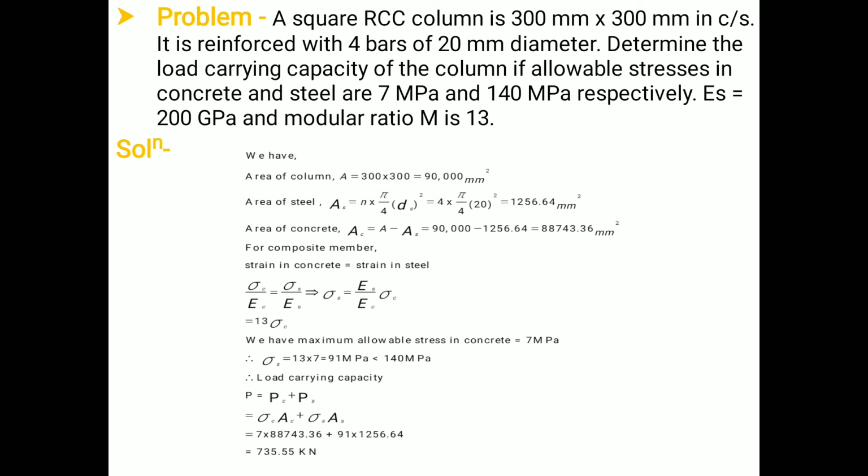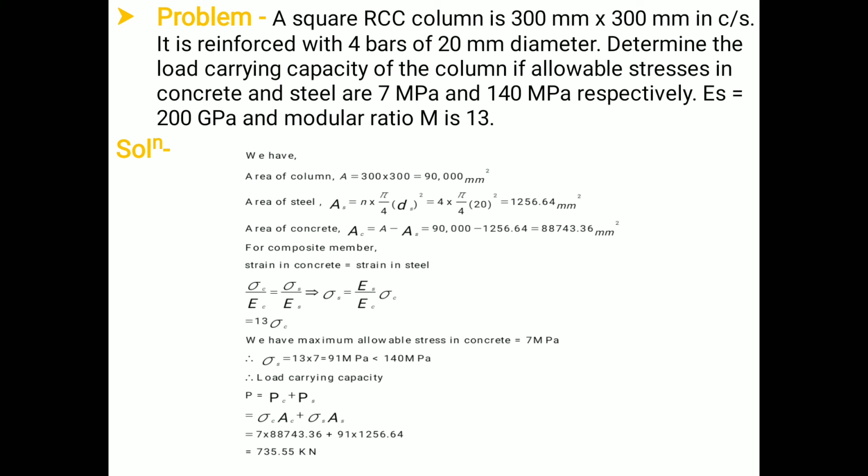Once we know these, we can find the area of concrete: the total area of the column minus the area of the steel. That is 90,000 minus 1256.64, so the area of concrete is 88,743.36 mm square for the composite member.